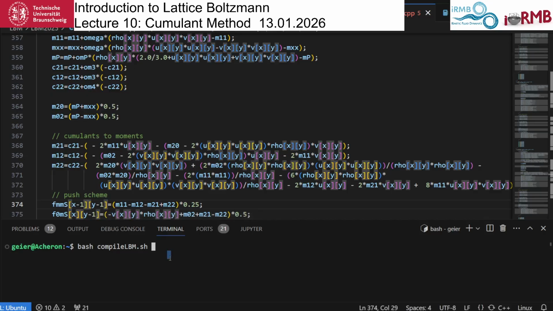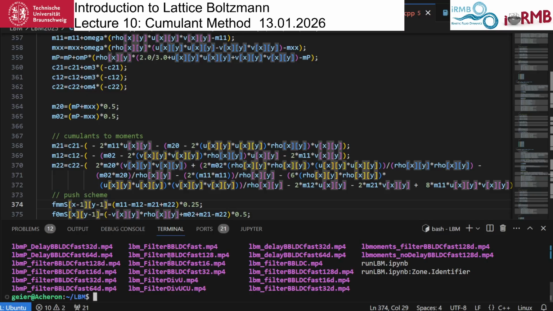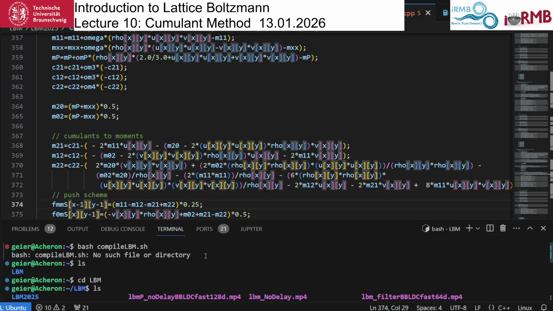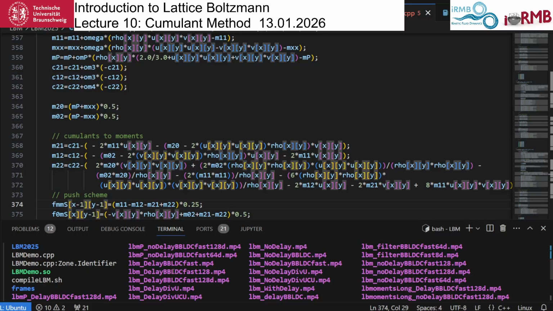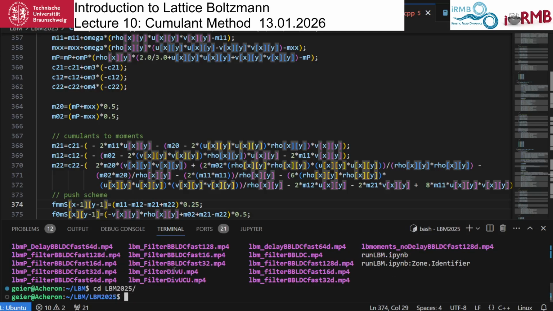And still we have to compile. Okay, so this doesn't work because we are not in the right folder. To go to LBM, CD, what is this? Unfortunately, this is last year's LBM 20, right? So here's the right thing. So now we are bashing the compile.